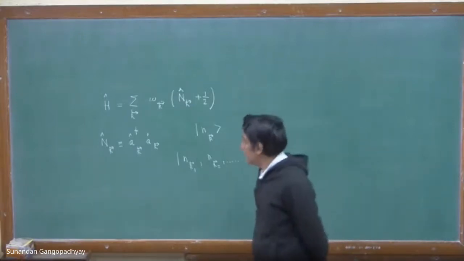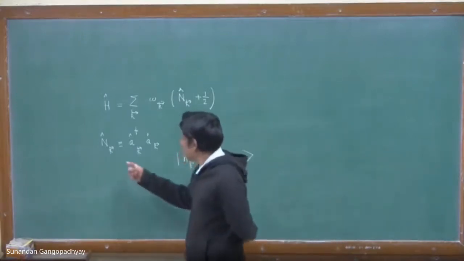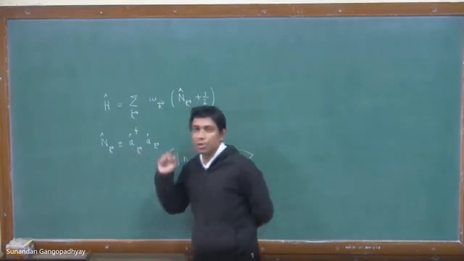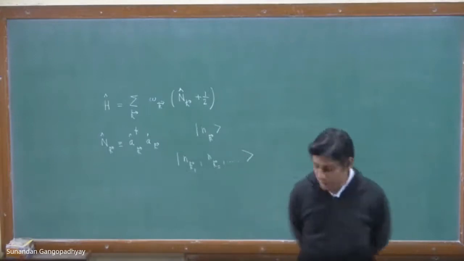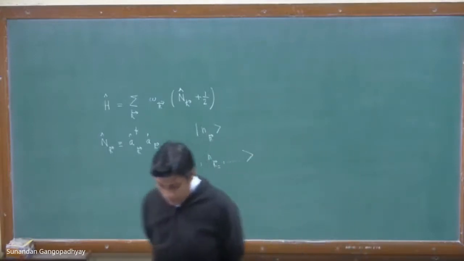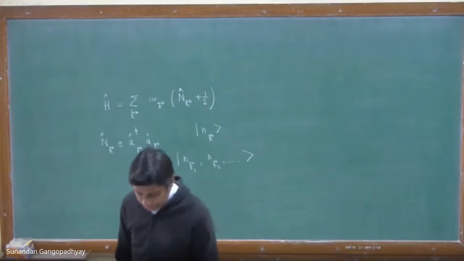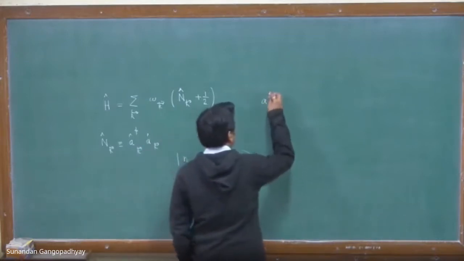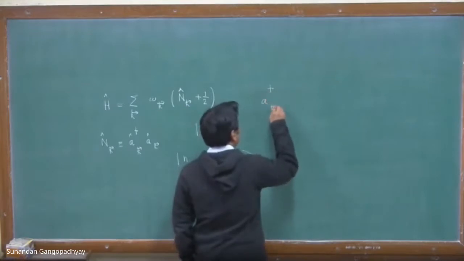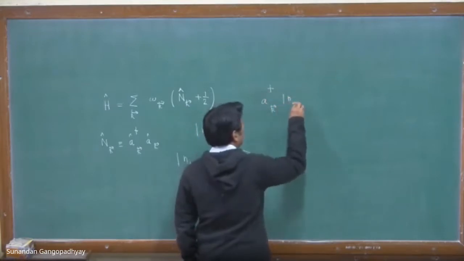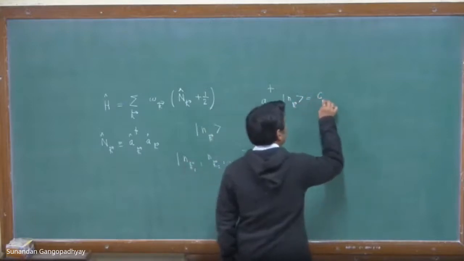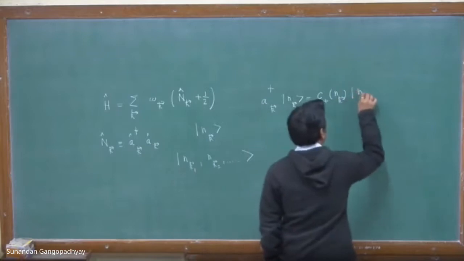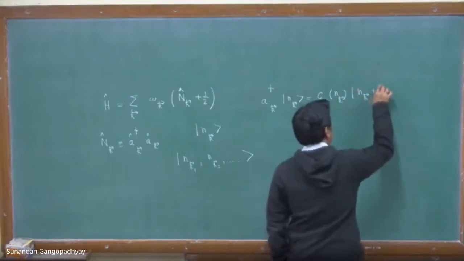Now let us come to these a's. So we need to find an interpretation for this a and a dagger. So what does it do? We have checked that a dagger_k acting on n_k gives some number, which we have determined, and it is square root of n_k plus 1, times n_k plus 1.